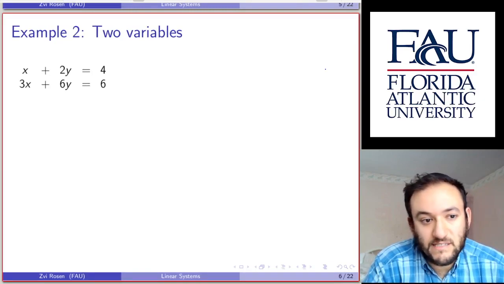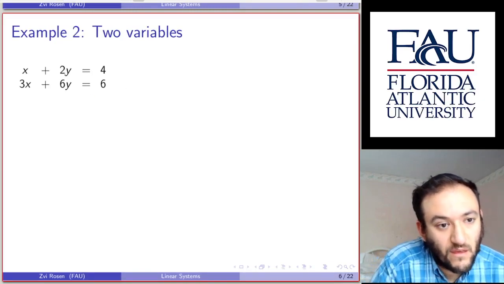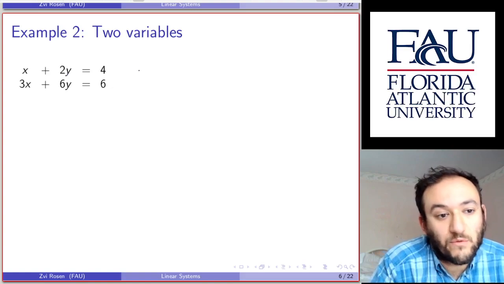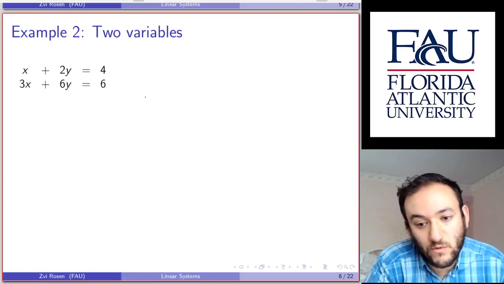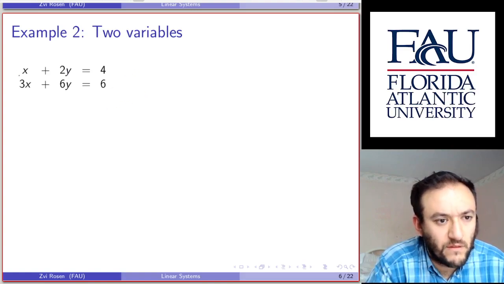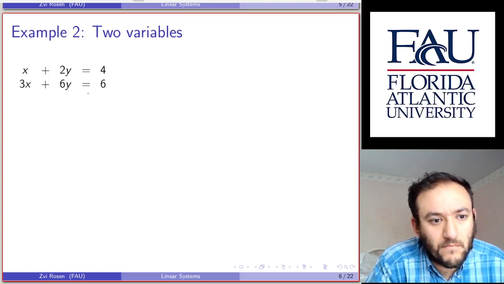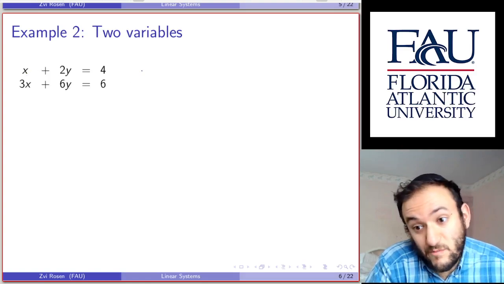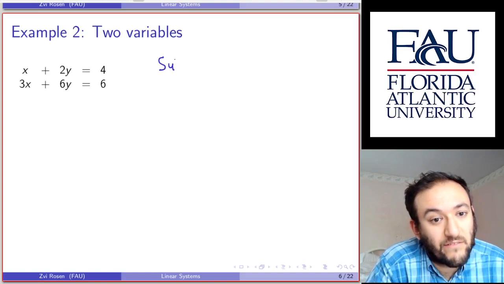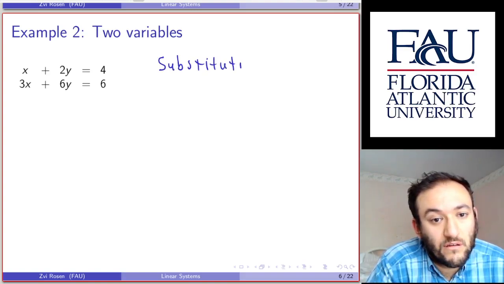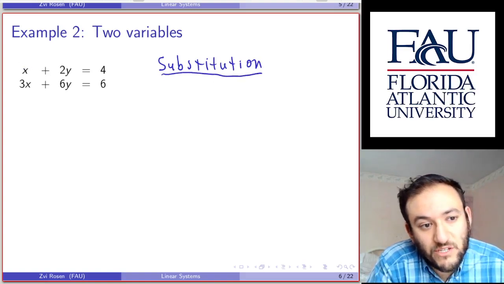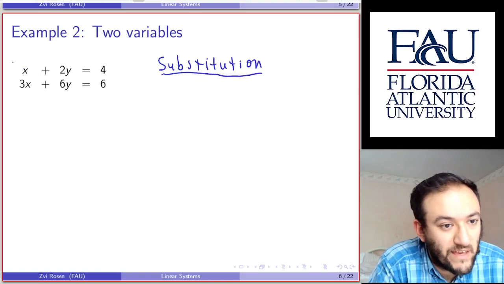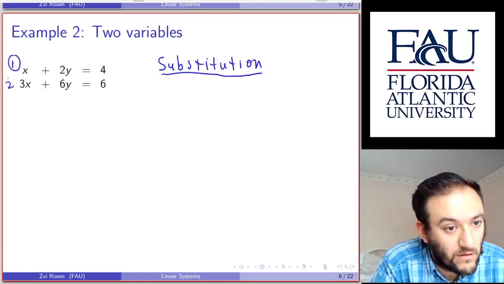Let's consider another example with two variables. Here we have x plus 2y equals 4 and 3x plus 6y equals 6. Thinking about using the same approach, if we would like to substitute, looking at this first equation would probably be easier because we have x all on its own.